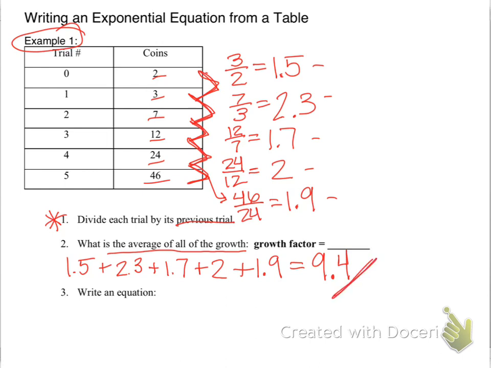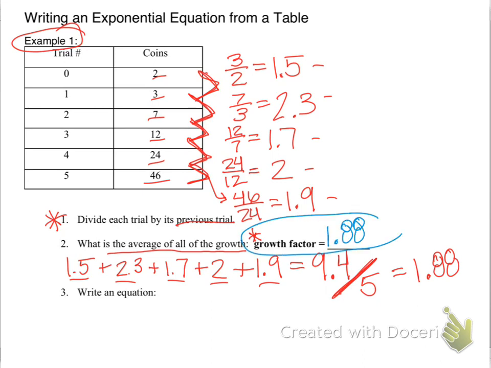And I'm going to divide that by the number of growths I have, which is 5. So 9.4 divided by 5 is 1.88. Pretty close to doubling almost every single time, almost times 2 every single time. So my growth factor here is 1.88, and that's going to be an important part of our equation.